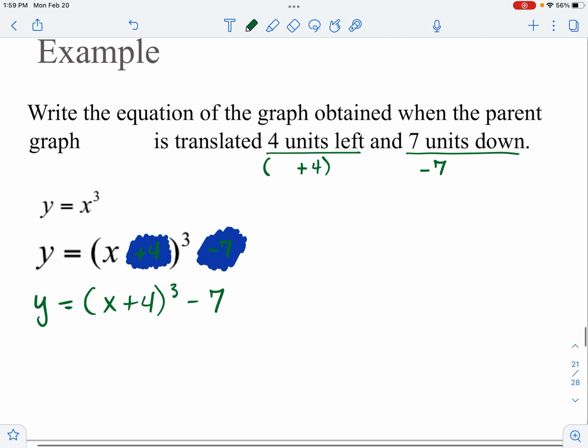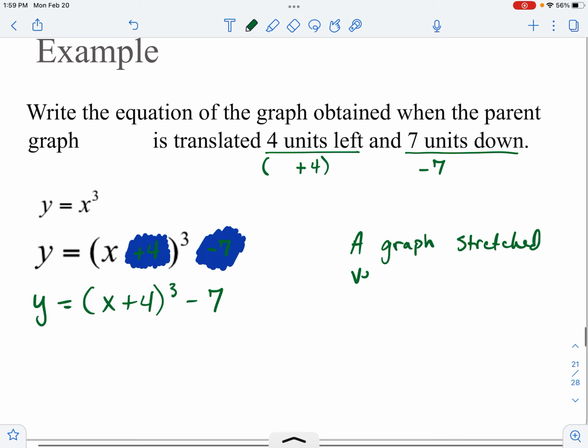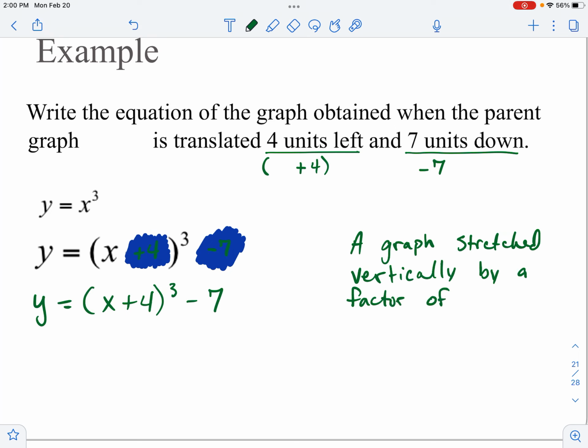What if we also asked for a graph that is stretched vertically by a factor of 3?